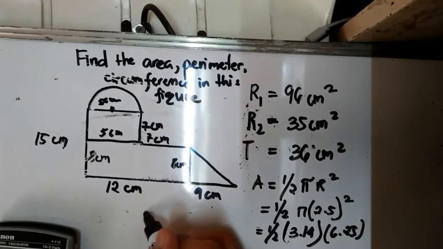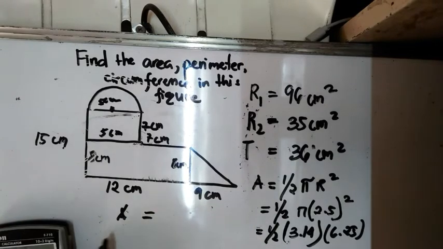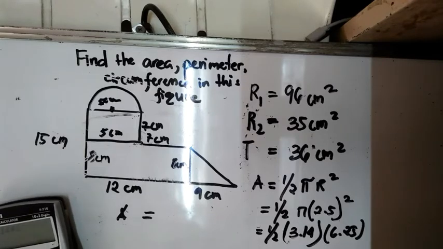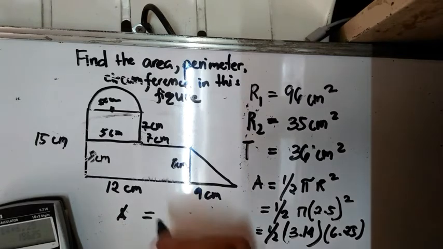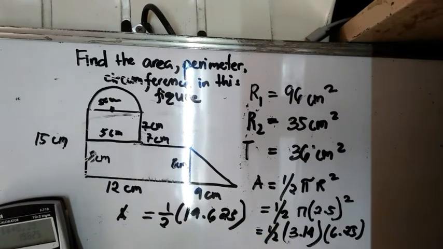So our area is 3.14 times 6.25, which is 19.625, divided by 2.